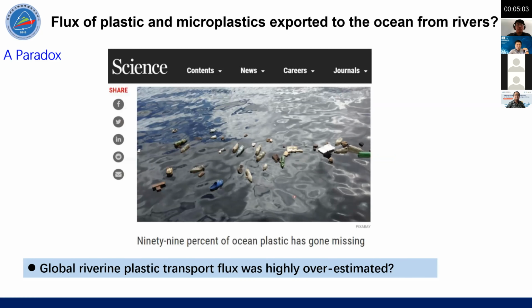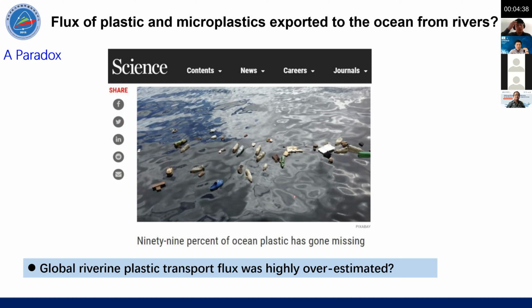However, compared to the current stock of plastic in the surface ocean, those estimated riverine plastic exports were very large. This error is a paradox: 99% of ocean plastic has gone missing.